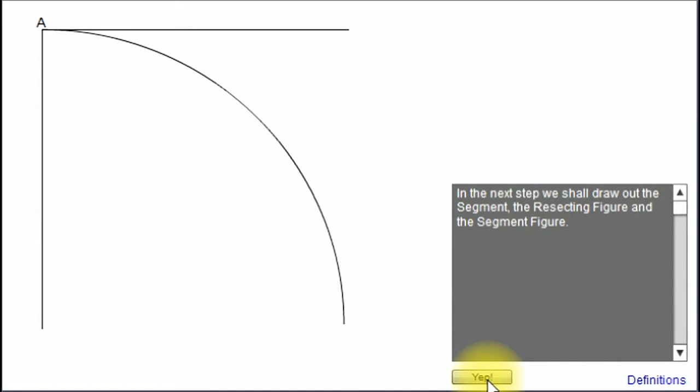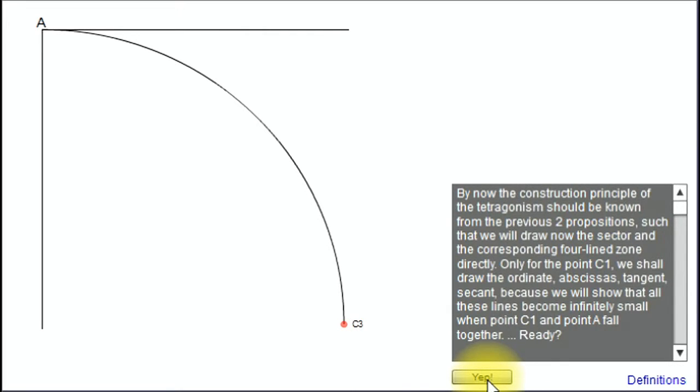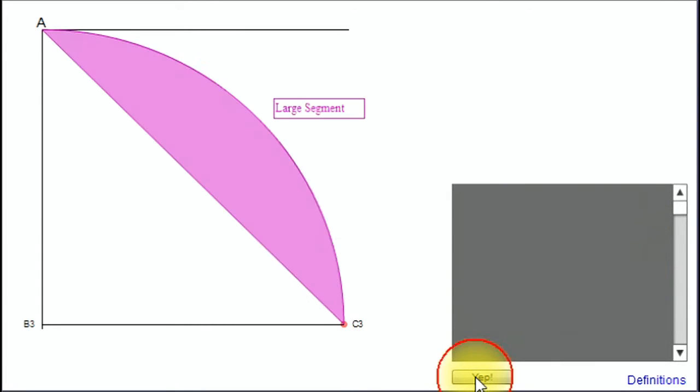First of all, we're going to take a look again at the upper half of our semicircular curve, and we draw out a point at the very center of this semicircular curve, and we draw out also the ordinate, such that we constitute a quarter circle, the upper half of our semicircular curve, which we elaborated on all the time in the previous propositions.